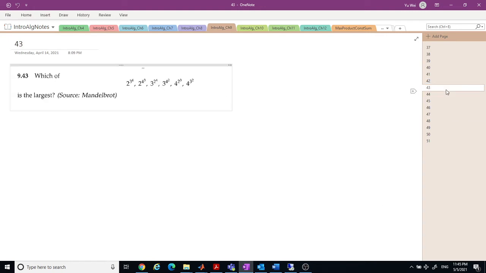Okay, next. Which one of these numbers is the largest? Either we make the exponent the same, or we make the base the same, right?